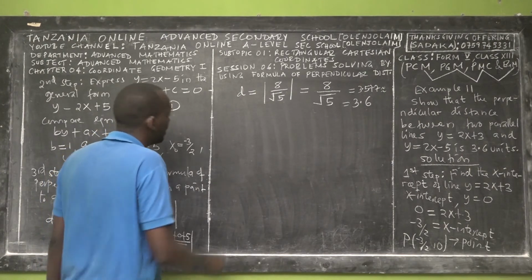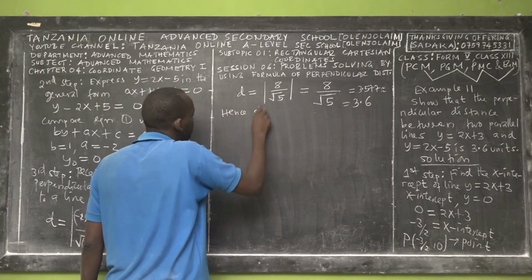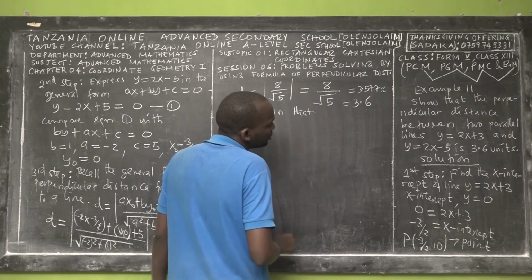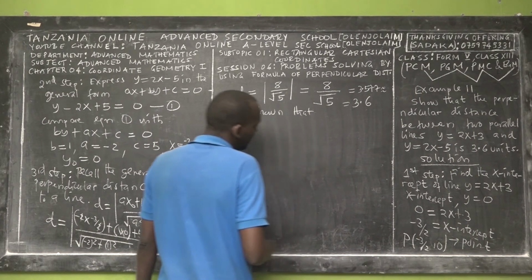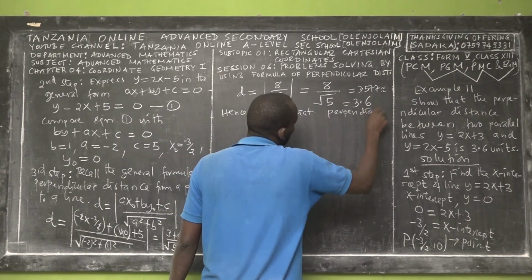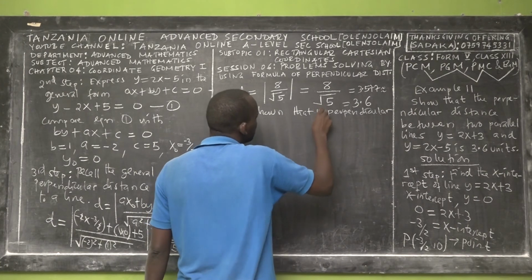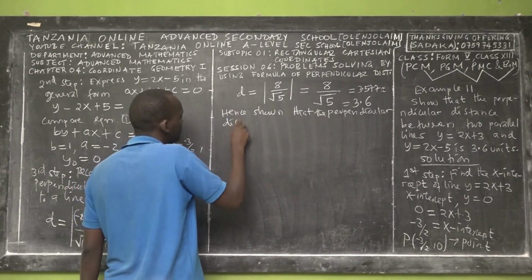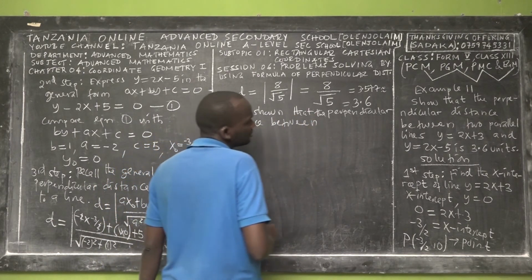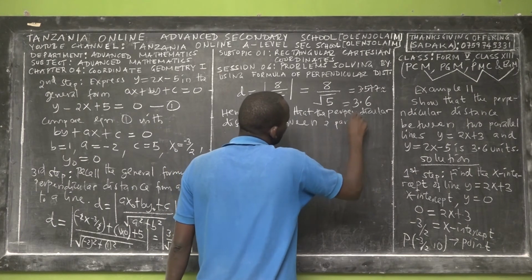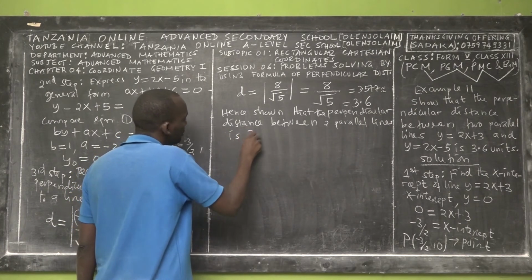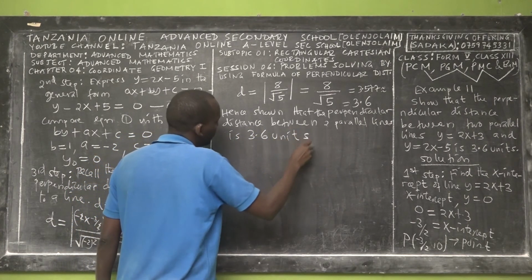So units. So we say that, hence shown, that the perpendicular distance between the two parallel lines is 3.6 units.